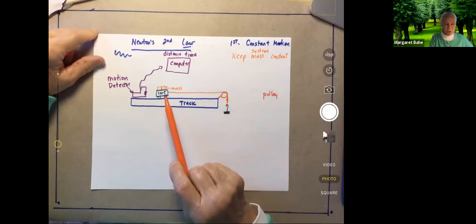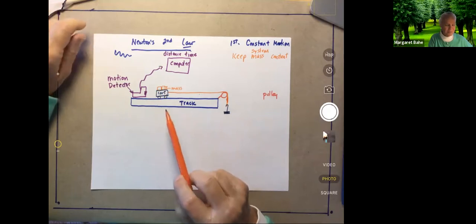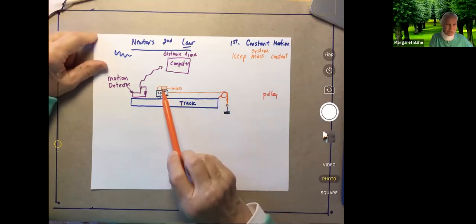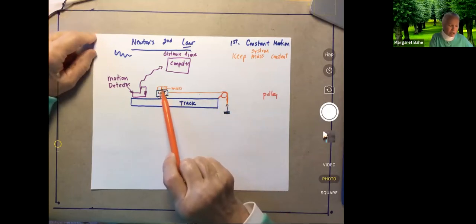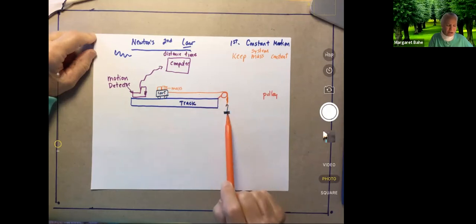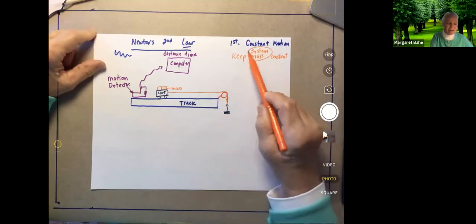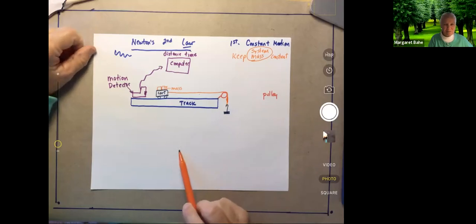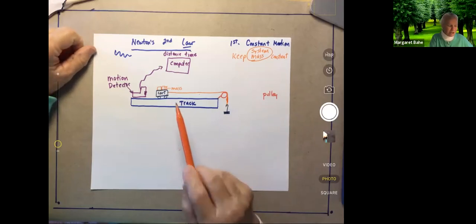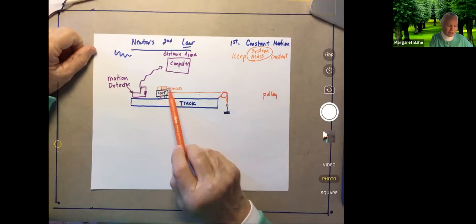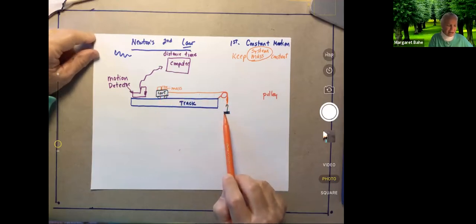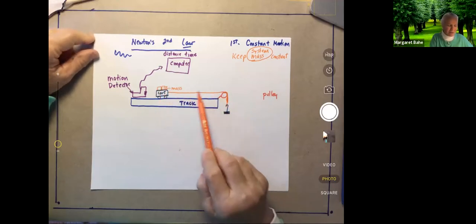Here's the most important question, Calvin. If I move some mass from my cart over to my pan, have I changed the mass of the system? If I just move some mass from here and put it on the pan, have I changed the total mass of my system?